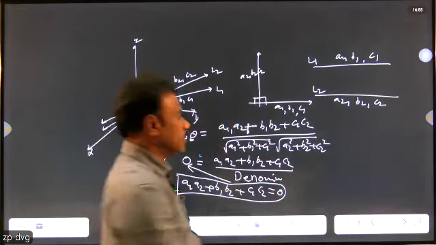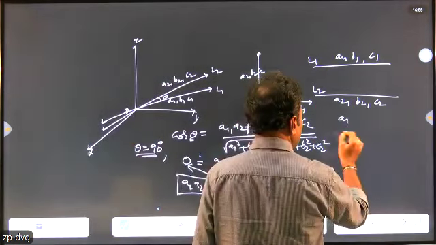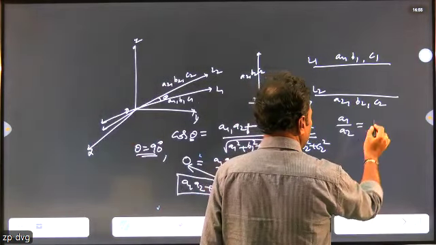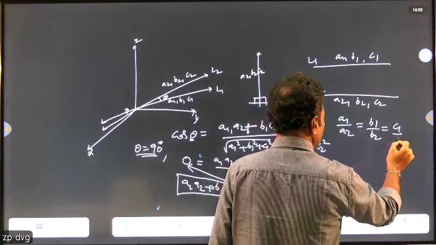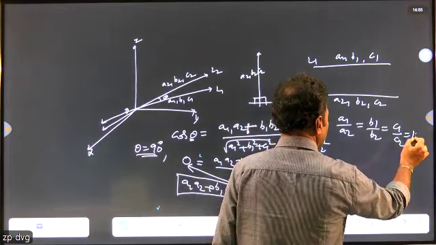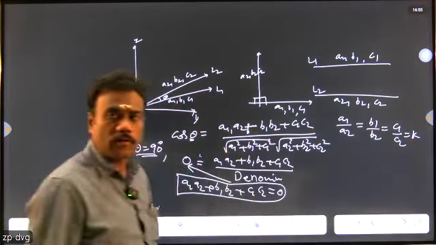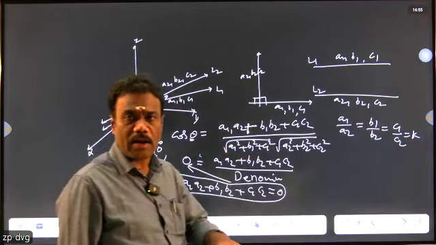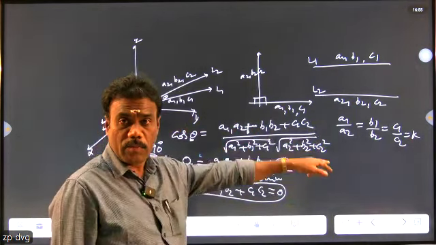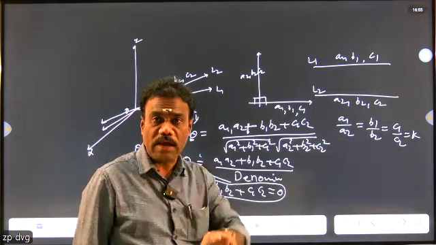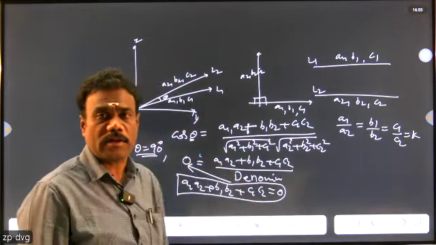So you will get A1 by A2 is equal to B1 by B2 is equal to C1 by C2 is equal to K. That means direction ratios are proportional to each other.